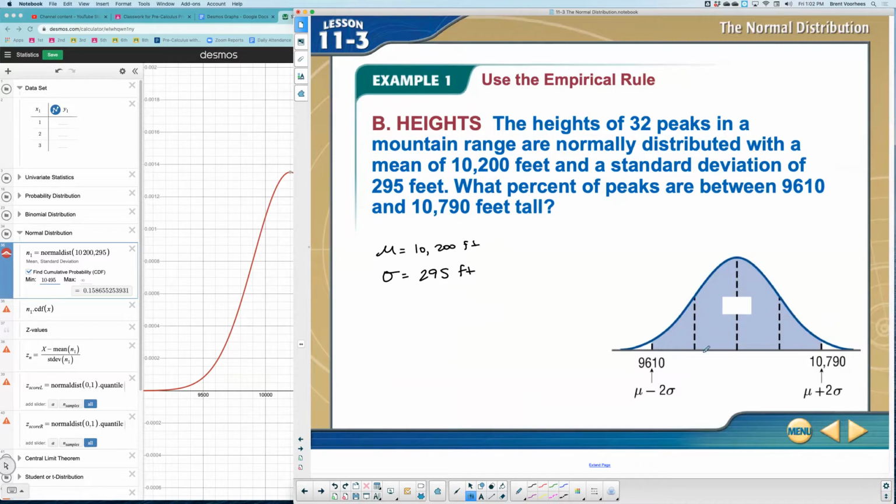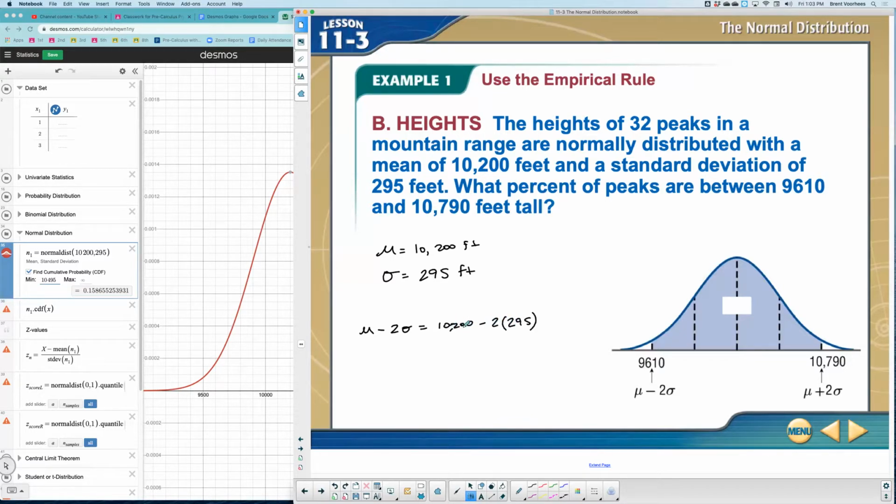So this looks like, from the picture, it's 2 standard deviations. So let's just say we wanted the mean minus 2 standard deviations. That would equal 10,200 minus 2 times 295. Well, 295 times 2 is going to be 590.